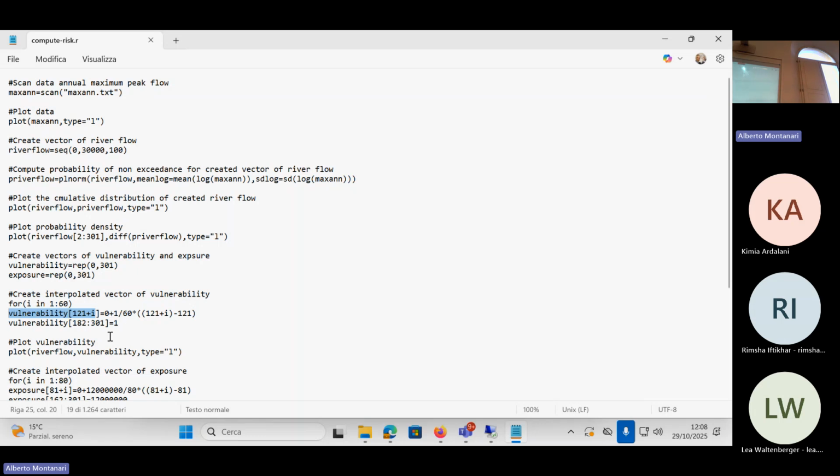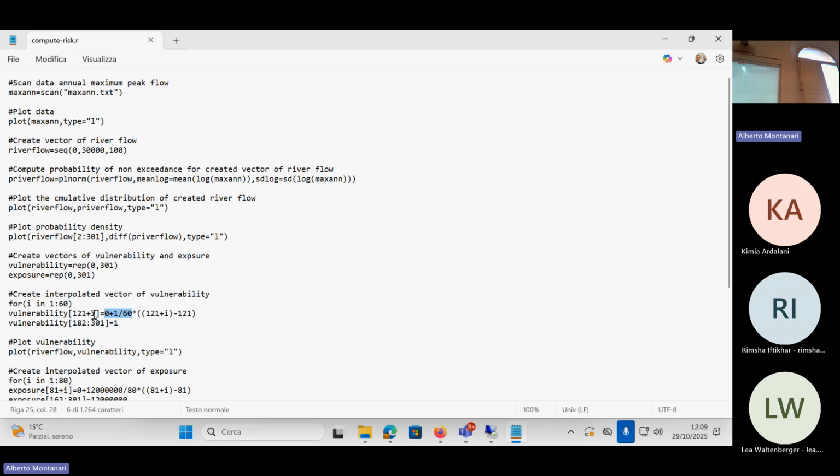Let's see. It's 0 plus 1 over 60, because from 12,000 to 18,000 there are 60 values.